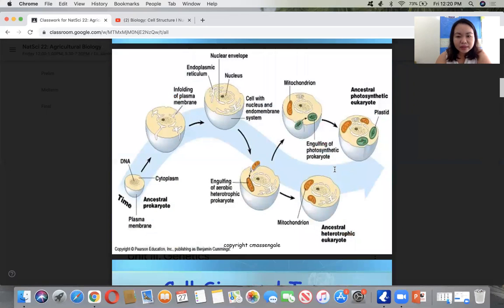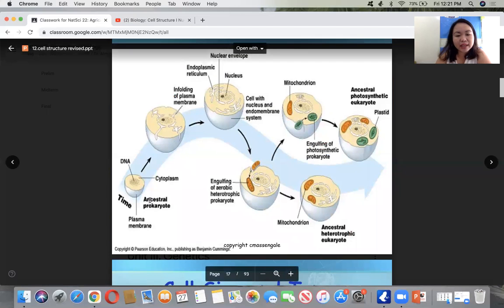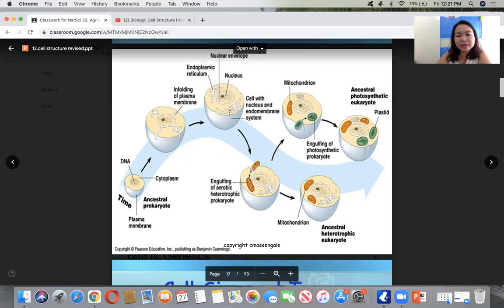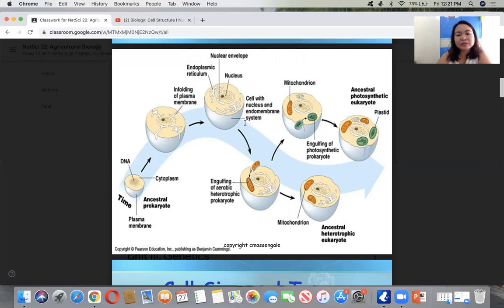And so this figure will also show you the different discoveries that have been done. As time goes by, they have come to take a look at the DNA, the plasma membrane, and then improvements of the structure of the plasma membrane, and then the nuclear envelope and endoplasmic reticulum in the nucleus.